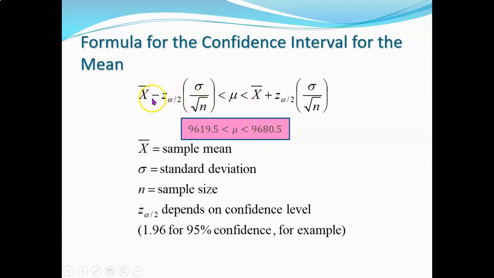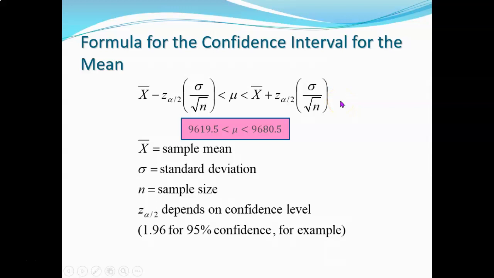Okay, let's look at the symbols involved here. The X bar stands for the sample mean. That's the average weight of the pink elephants in your sample, those 50 pink elephants that you were actually able to track down and weigh. The sigma here and here stands for the standard deviation.